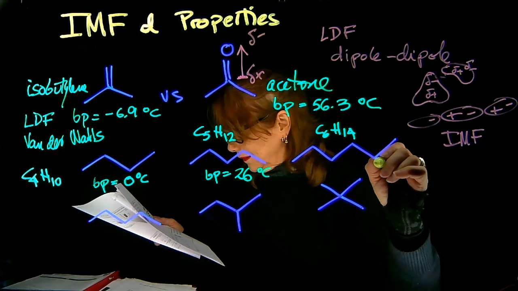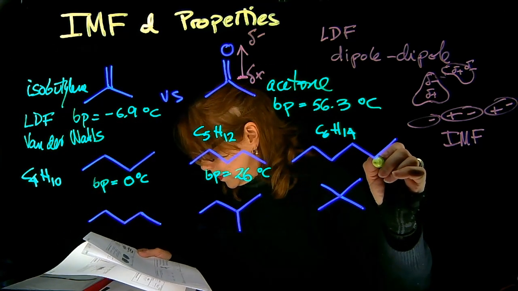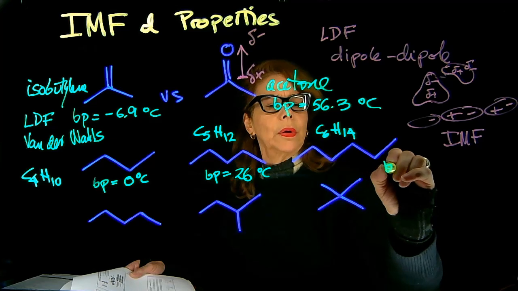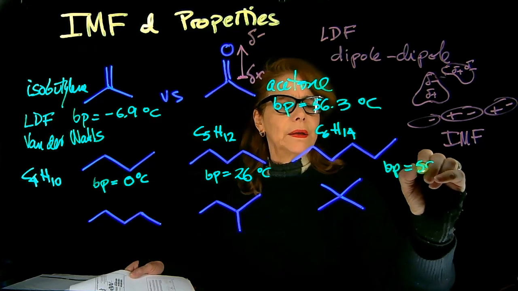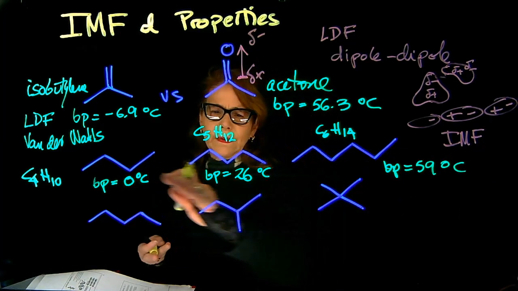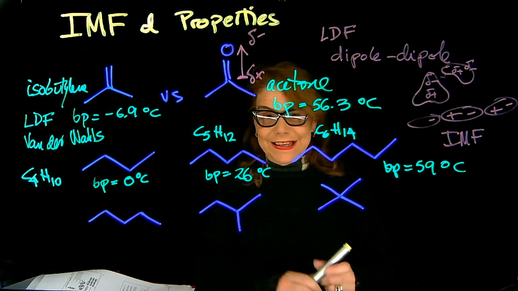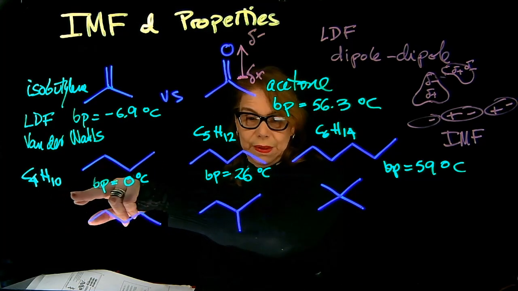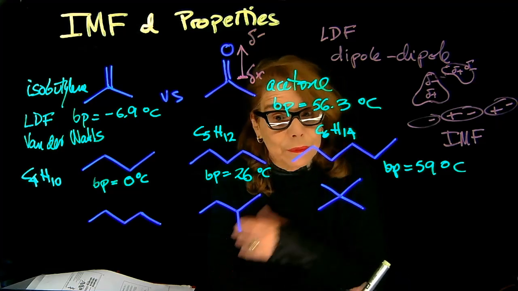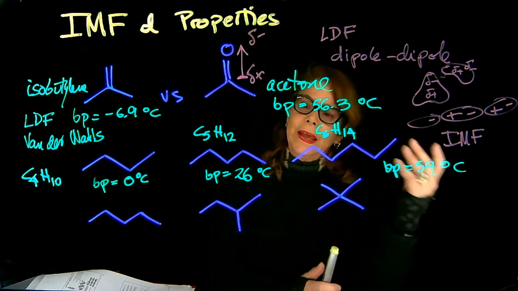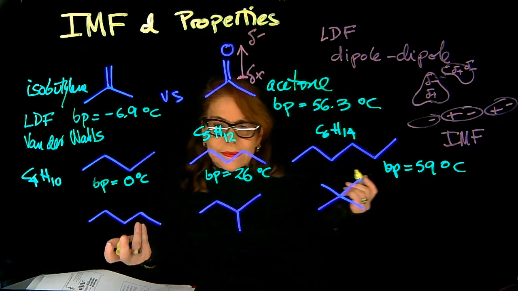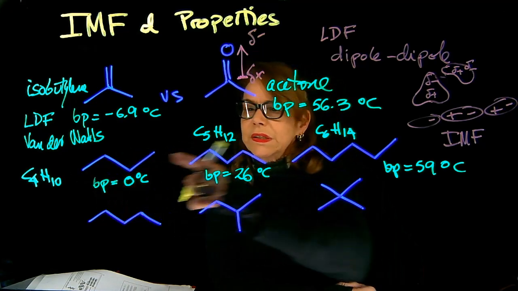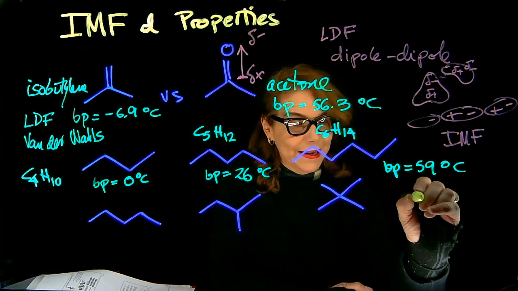Okay, hexane, the boiling point is 59. The point is that we see this is increasing as the molar mass increases. Remember, you get your molar mass based on your molecular formula. The molar mass is greater. And also, what is the type of intermolecular forces in this series? These are all alkanes.